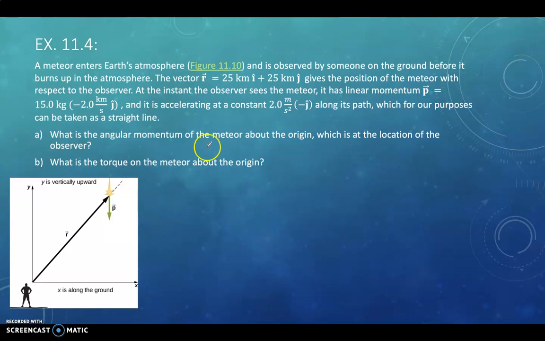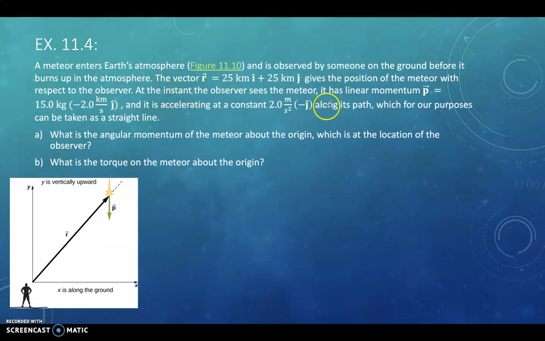So this is example 11.4. It states a meteor enters Earth's atmosphere and is observed by someone on the ground before it burns up in the atmosphere. The vector r bar is equal to 25 kilometers i hat plus 25 kilometers j hat, which gives the position of the meteor with respect to the observer.